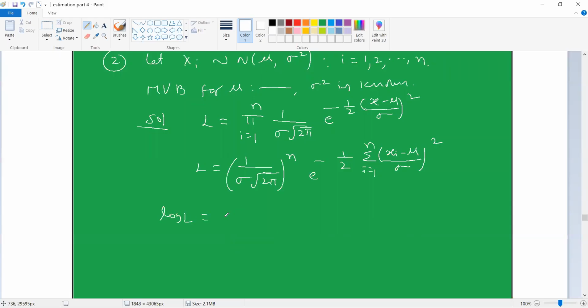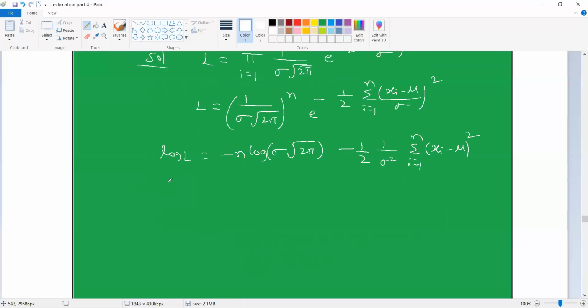Log L is equal to minus n log sigma root 2 pi, since log 1 is 0 and log a by b is log a minus log b, a purely constant value, minus half times 1 by sigma square, summation i = 1 to n (xi minus mu) whole square.